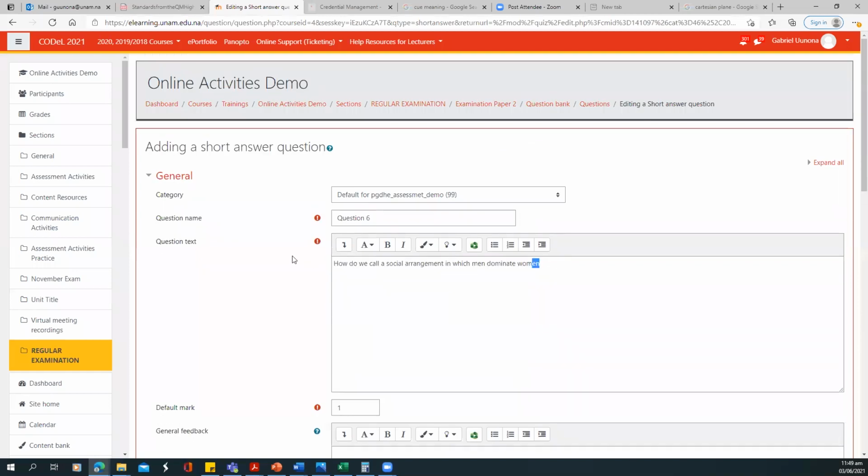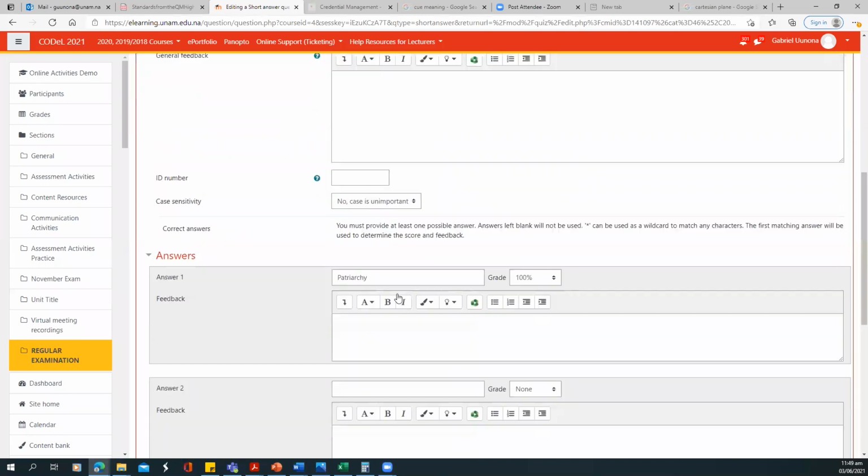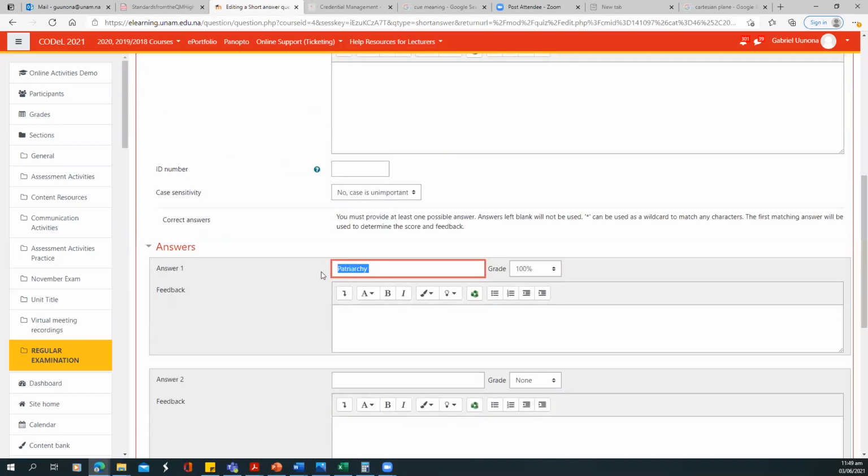But let's take another example. Who was the first president of Namibia? If you have such a question and you say the answer is Sam Nujoma, short answer questions, right?